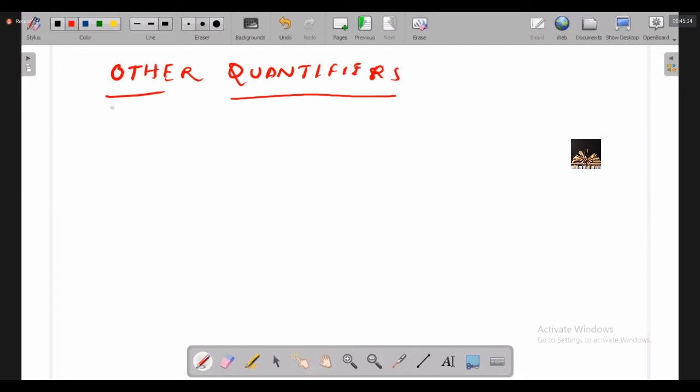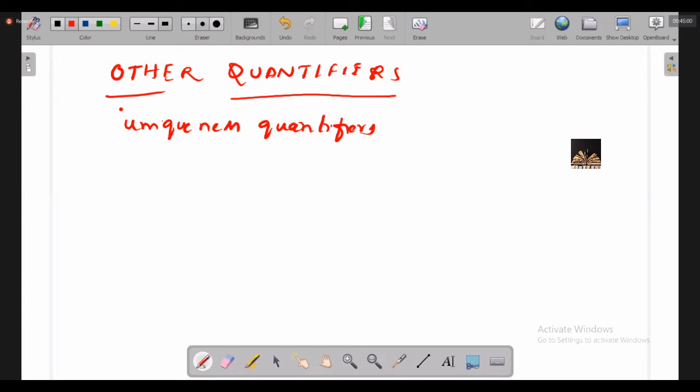The unique quantifier, the uniqueness quantifier, means only one case is true. That is the truth: only one case is true. In the previous example only one is true and the remaining are all false.